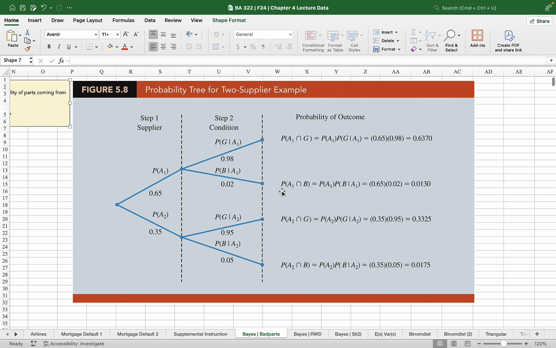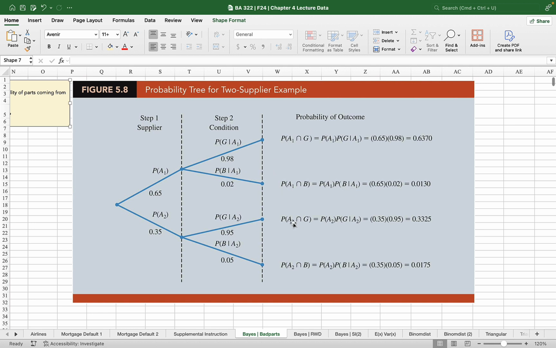In the language of probability, the joint probability of a part being both from supplier 1 and bad is equal to the probability that it came from supplier 1 in the first place, our 0.65, multiplied by the probability of it being bad given that it's from supplier 1. They only provide 2% bad parts, so if we get 65% of our parts from them and 2% of their parts are bad, 1.3% of our parts are going to be bad and from supplier 1.